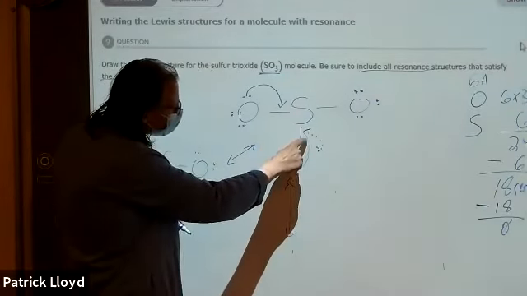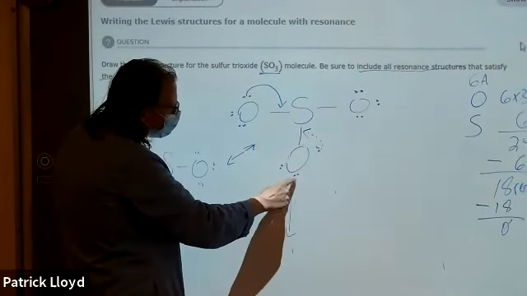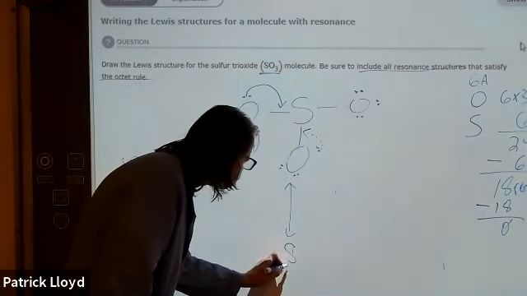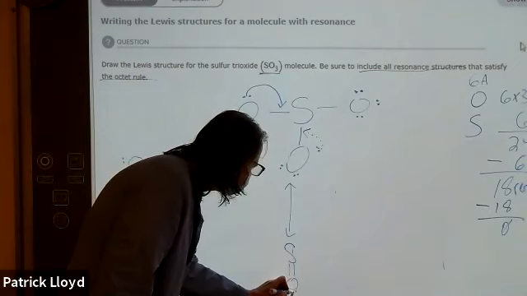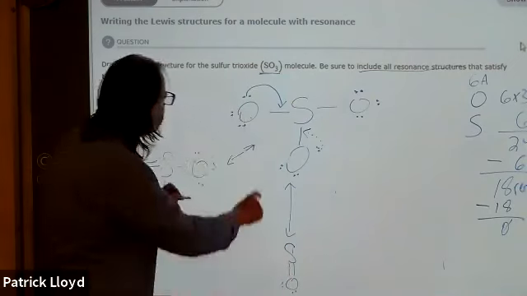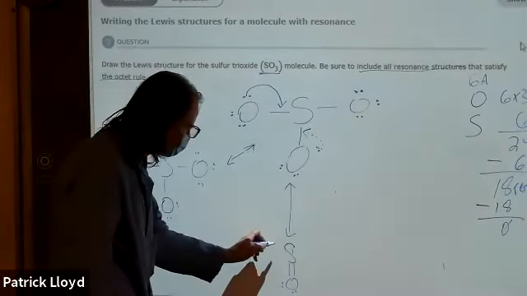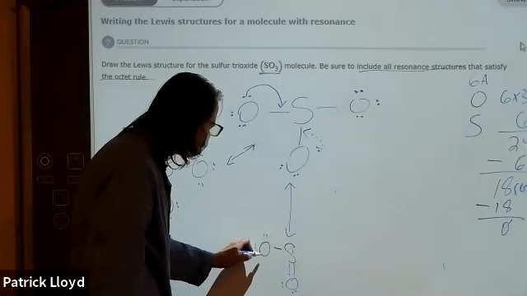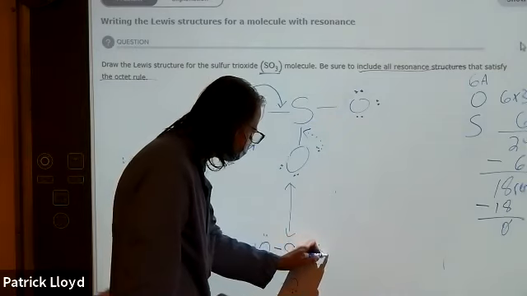Now you have an extra pair between those two, and you have two lone pairs on this oxygen. So you have an extra bond there and two lone pairs. And then these would still be single bonds with three lone pairs. And you ask yourself, is that reasonable? Does that satisfy the octet rule for every atom?